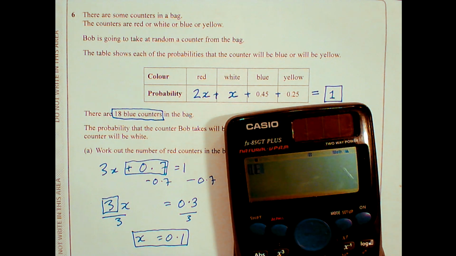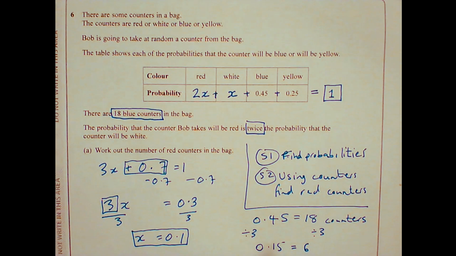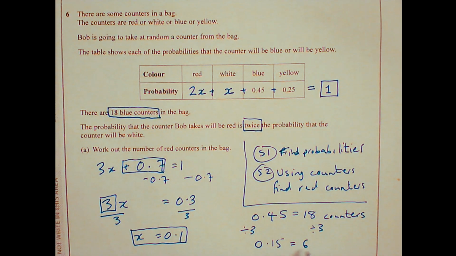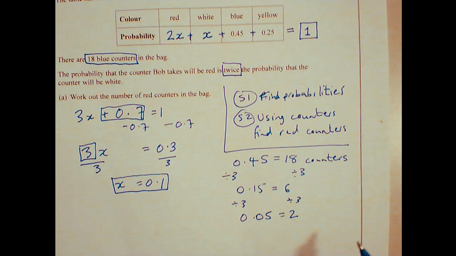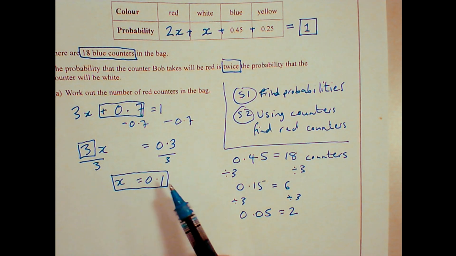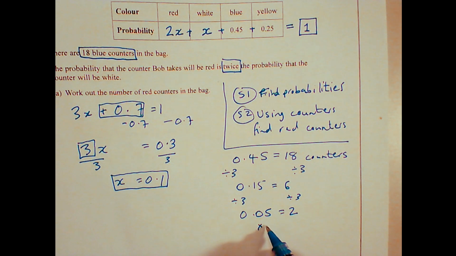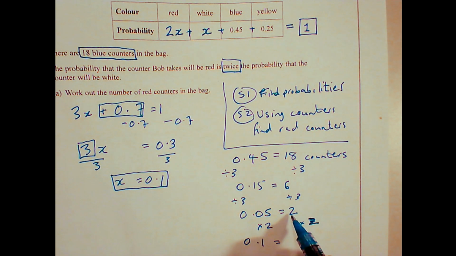Just double check with a calculator if you're not sure. Okay, so I've got that. Now I can divide by 3 again. 3 goes into 15 5 times, so you've got 0.05. 3 goes into 6 twice. I want to get to 0.1, so I can now multiply by 2. 0.05 times 2 is 0.1, and 2 times 2 gives me 4.